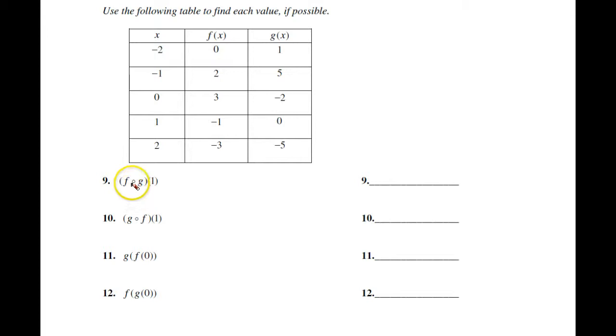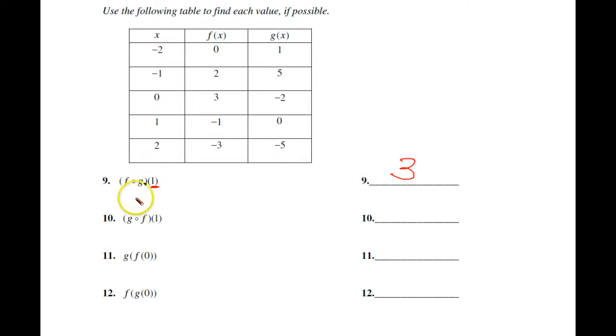Here, they want us to find if our x is 1 initially for g. So our x is 1, this one right here, and we go to the g column, which is 0. We then go back to the x column, where our 0 is, and we end up with a 3 for number 9.